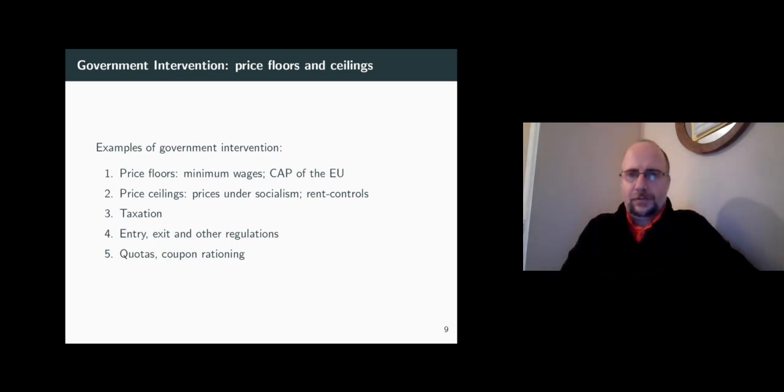The other big intervention is taxation and subsidies. To make certain goods cheaper, the government may want to introduce a subsidy for buying each unit of those goods. Alternatively, if the government wants to raise more revenues or wants to discourage consumption of certain goods, it could introduce taxation for each unit of the consumed good.